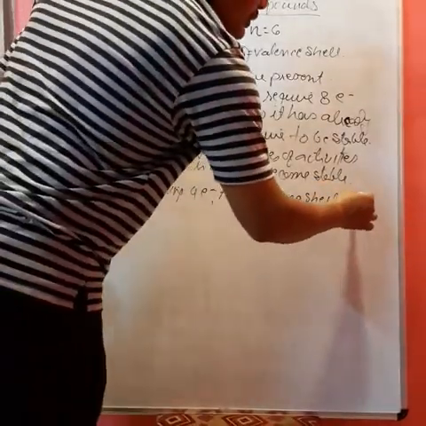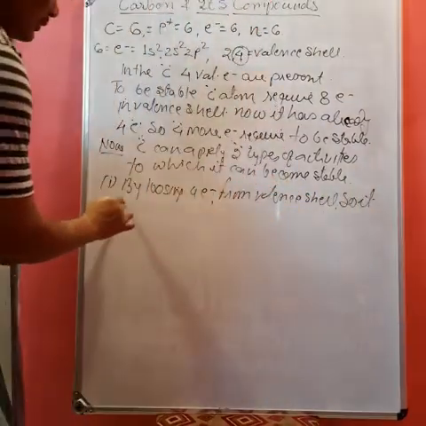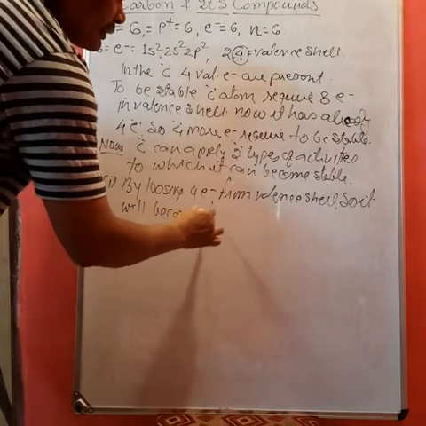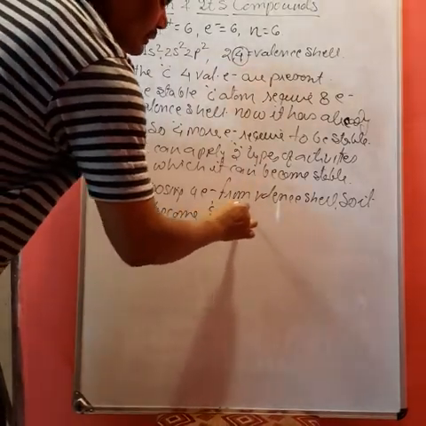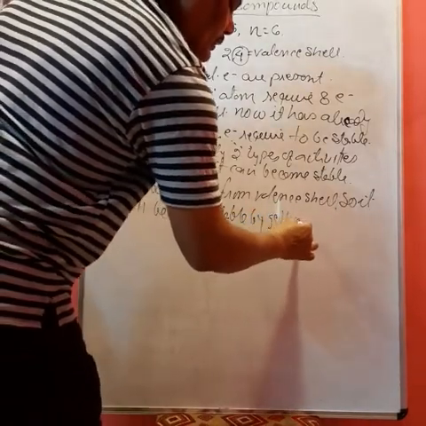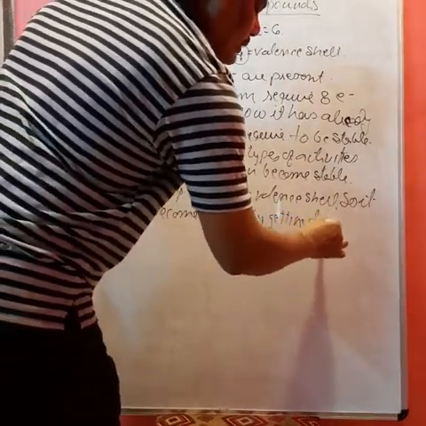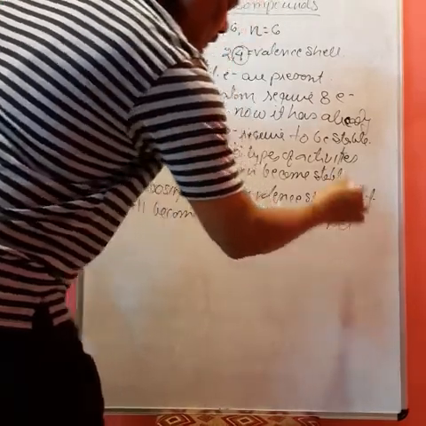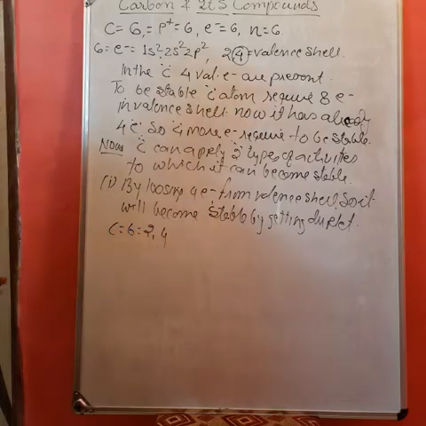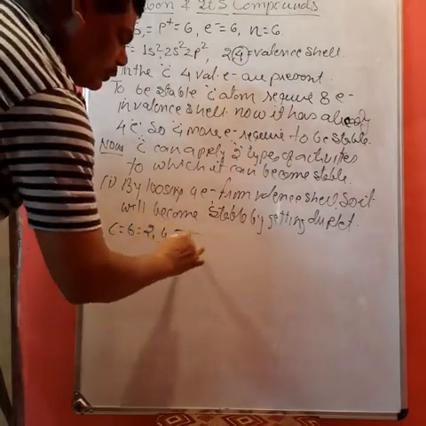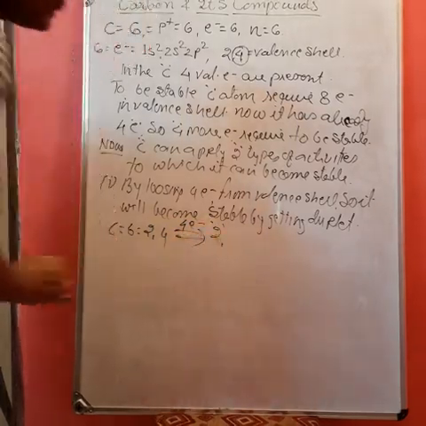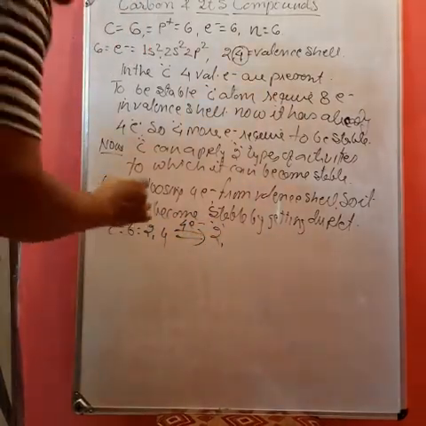So it will become stable by getting a duplet. How is it? Say carbon has 6 electrons. So if it has 2 and 4 electrons and loses 4 electrons, then the configuration will be 2.